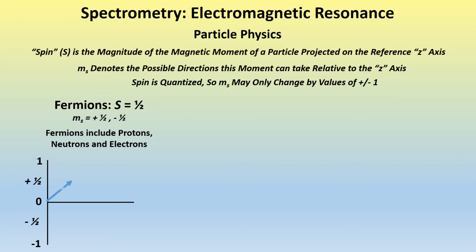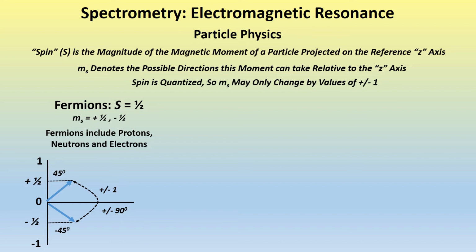In other words, the particles spin at 45 degrees to that axis. A change of plus or minus 1 means that the phase changes by plus or minus 90 degrees. Therefore, the only two possible orientations are plus 45 degrees for plus 1/2 or minus 45 degrees for minus 1/2.